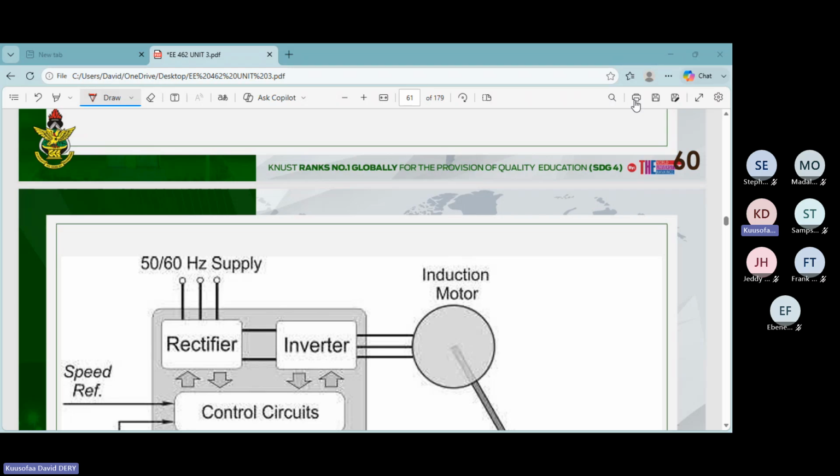Okay. So please, should we continue with the variable FET drive? Please, should we continue?